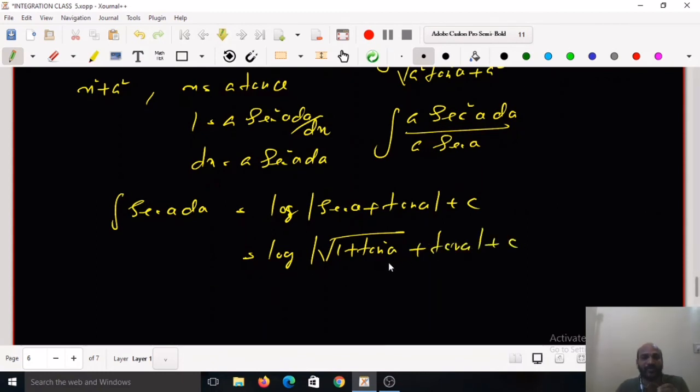Now substitute value of tan theta. Tan theta equal to x by a. So we will get log mod root of 1 plus x square by a square plus tan theta, again it is x by a plus c.